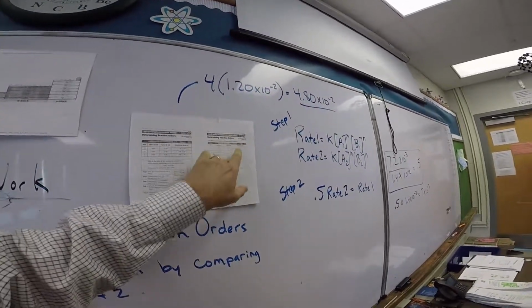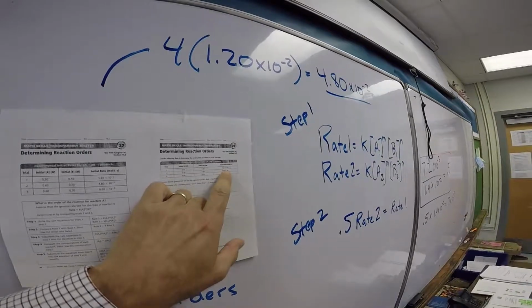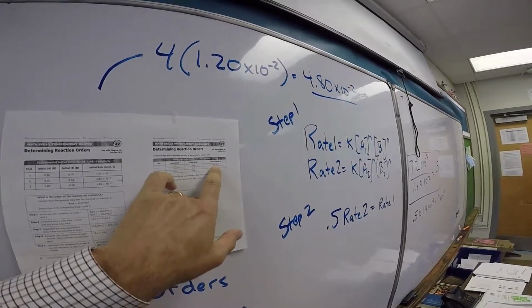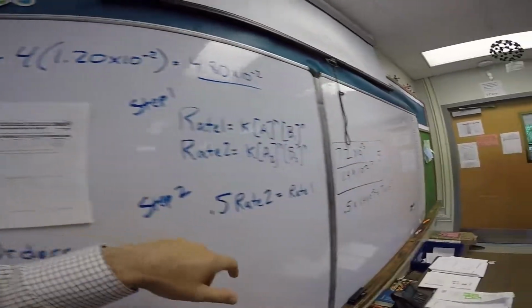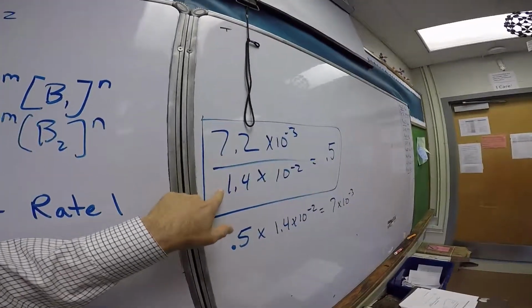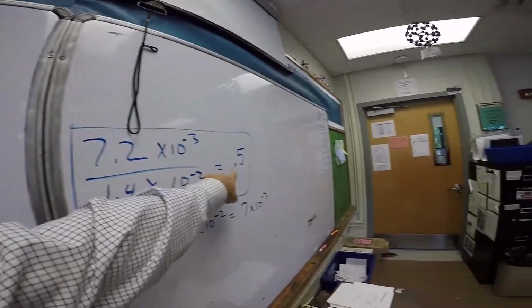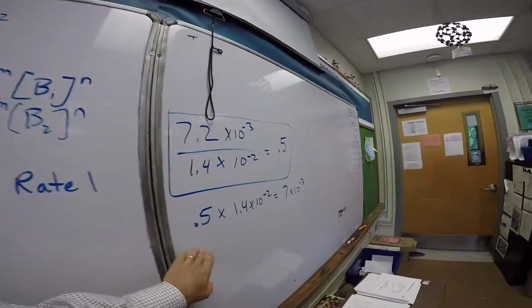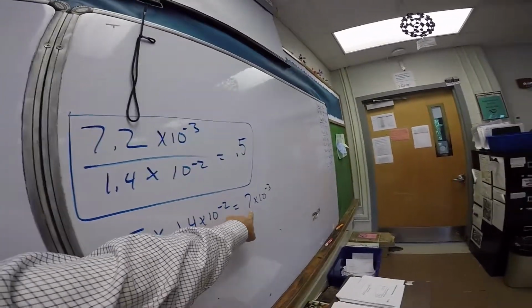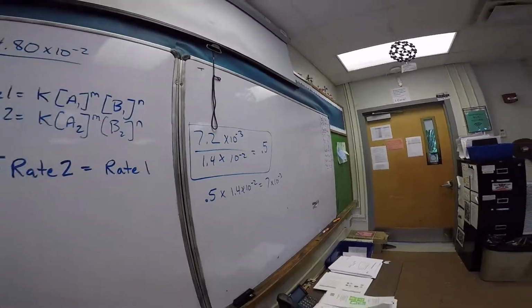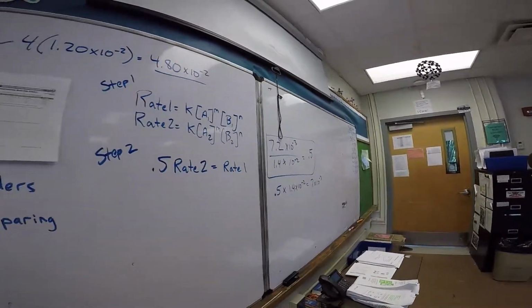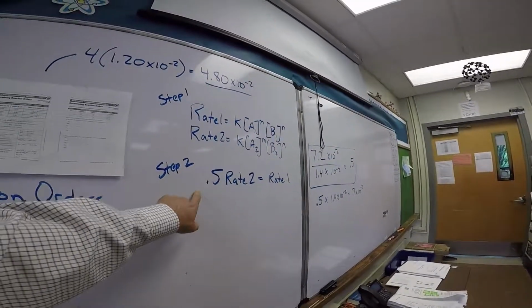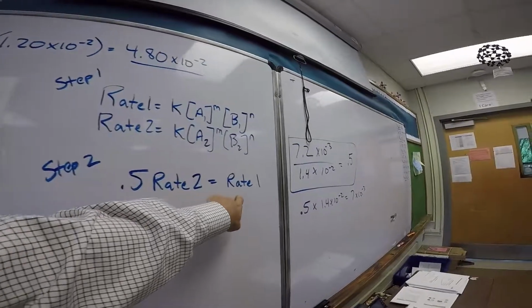So the problem here has different rates. This rate in this example here is 7.2 times 10 to the negative 3. If you divide that by 1.4, you get 0.5. So if you take 0.5 times the 1.4, you get the 7 times 10 to the negative 3. So you get 0.5 rate 2 equals rate 1.